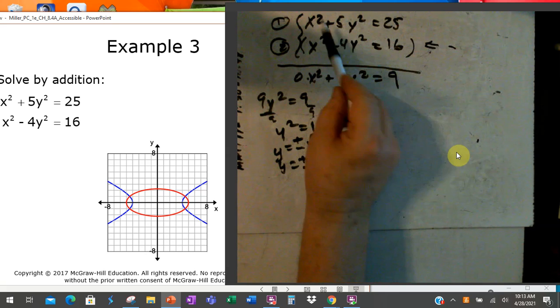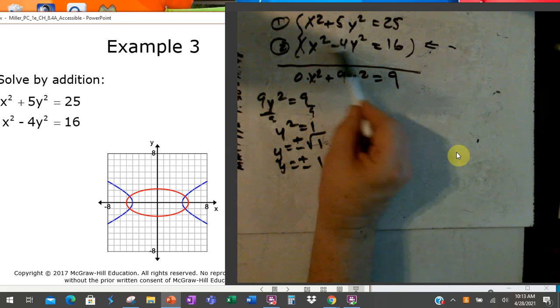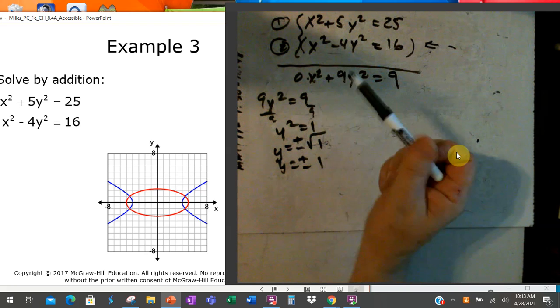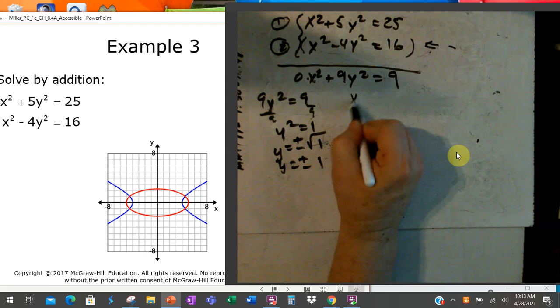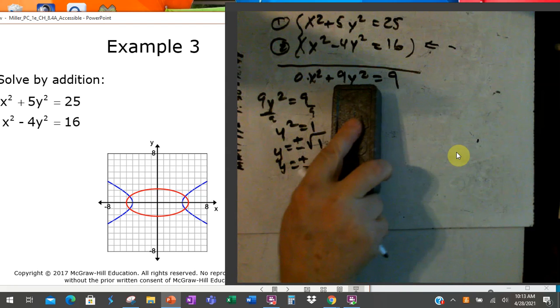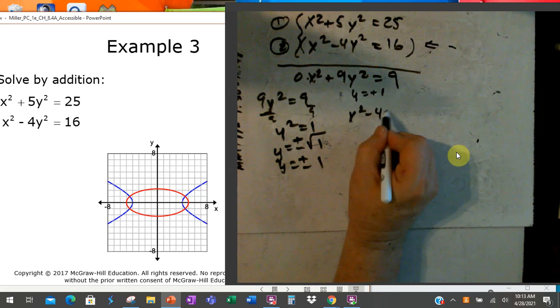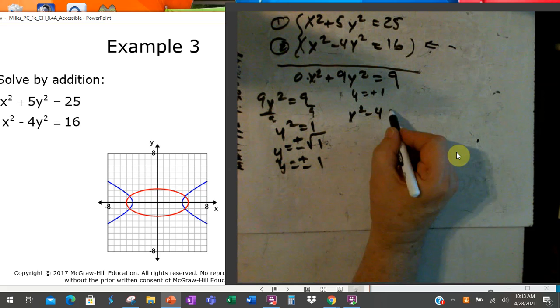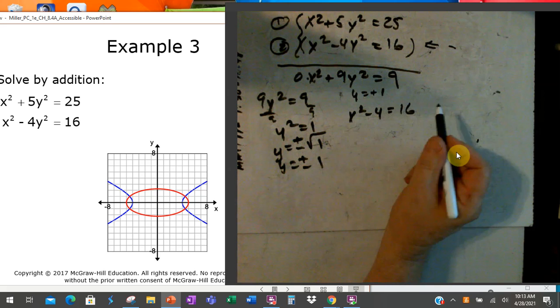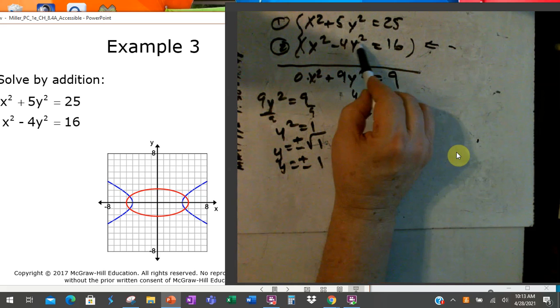Okay, so let's go here, let's do x squared. So for y is equal to 1. X squared minus 4 times 1 squared, so this is 4, is equal to 16. Plus 1 squared is 1, so that's just the 4.